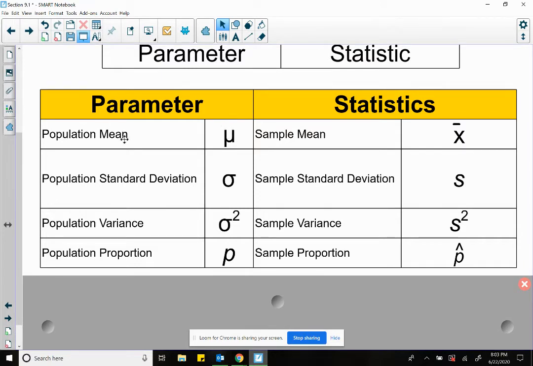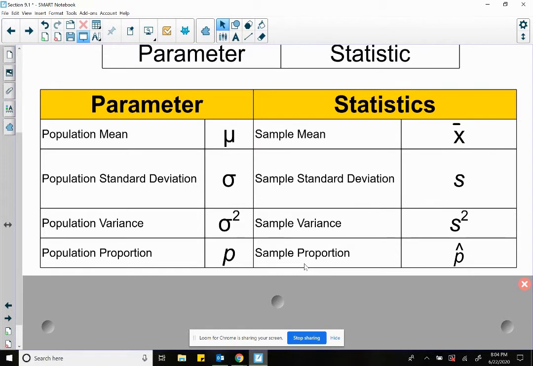Mu represents the population mean, sigma is the population standard deviation, the variance is sigma squared, and p is the population proportion. On the statistic side, you have the sample mean, X bar. We're going to be talking a lot about X bar, and actually multiple X bars, because it's sample means. Then the sample standard deviation, which is S, the sample variance, which is S squared, and finally P hat, the sample proportion.